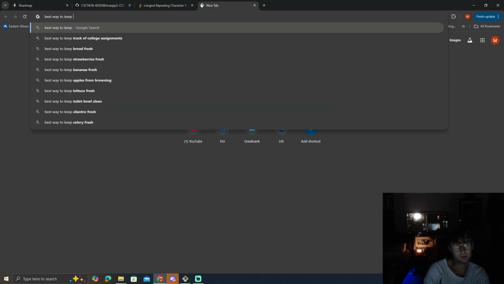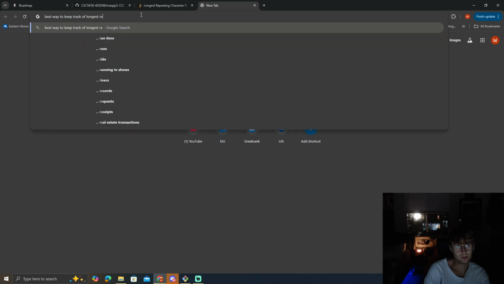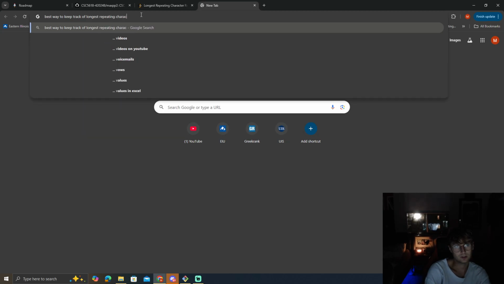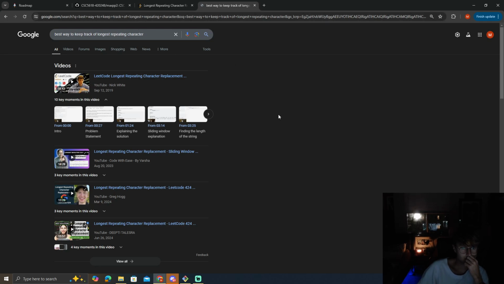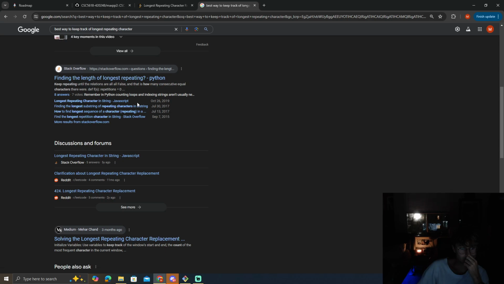Best way to keep track of longest repeating... I don't want to see the solution though.